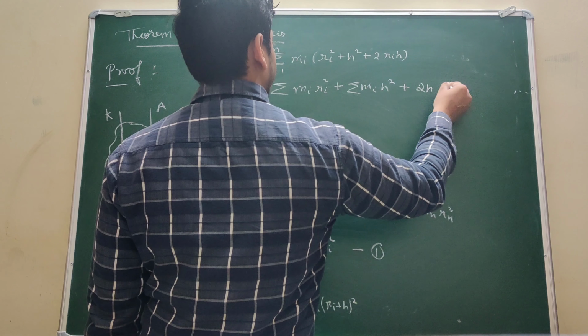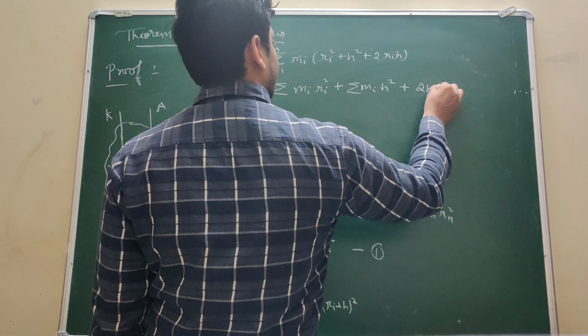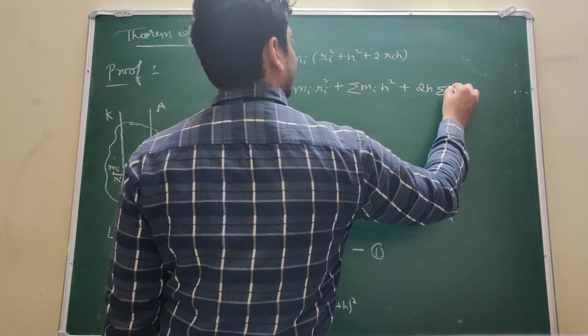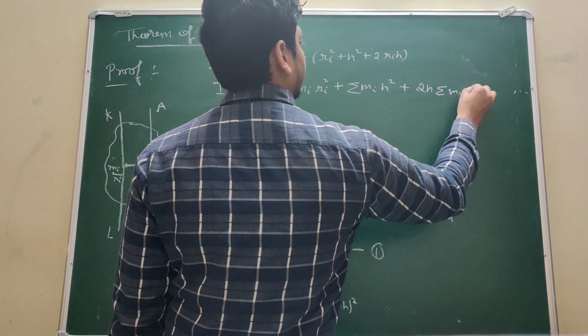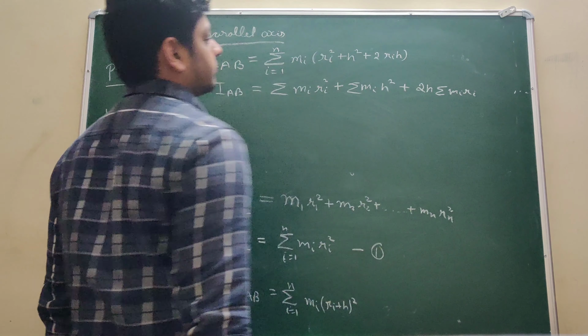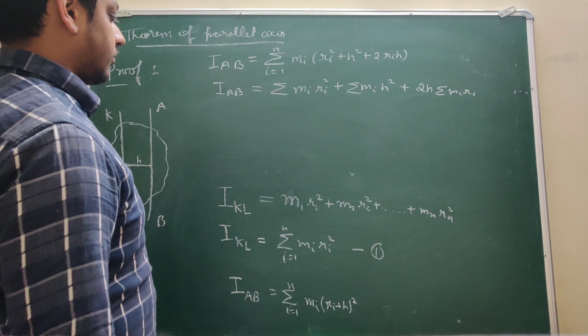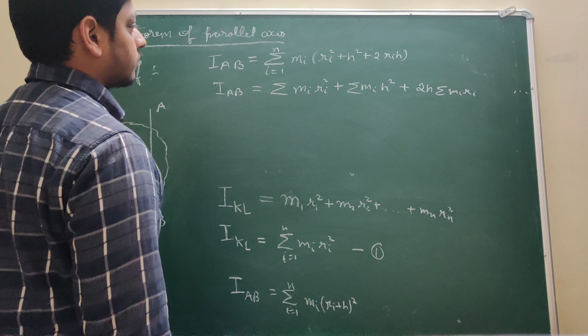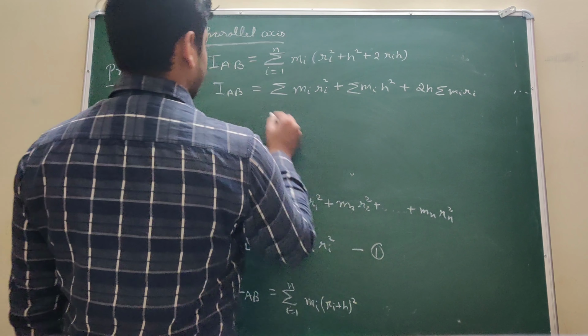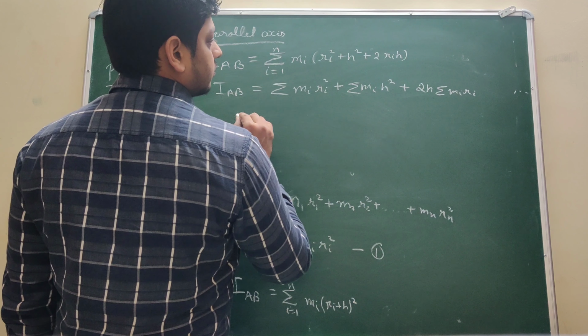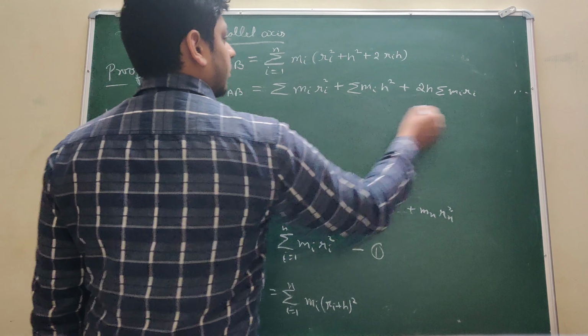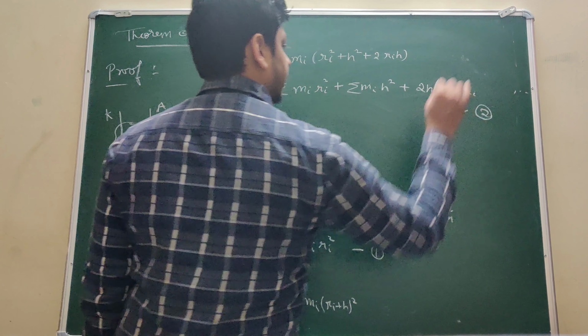Then I can write 2h times the summation of mi ri. So this is our second equation.